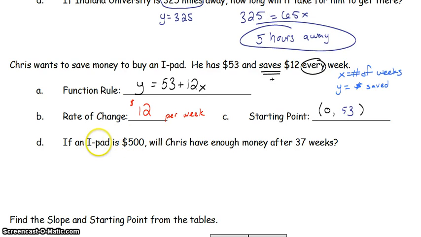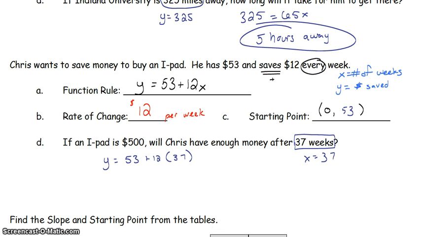Here, an iPad is $500. Will Chris have enough money after 37 weeks? This is the number we're using to check, so I'm going to substitute in 37 for x in the function rule. Y equals 53 plus 12 times 37.